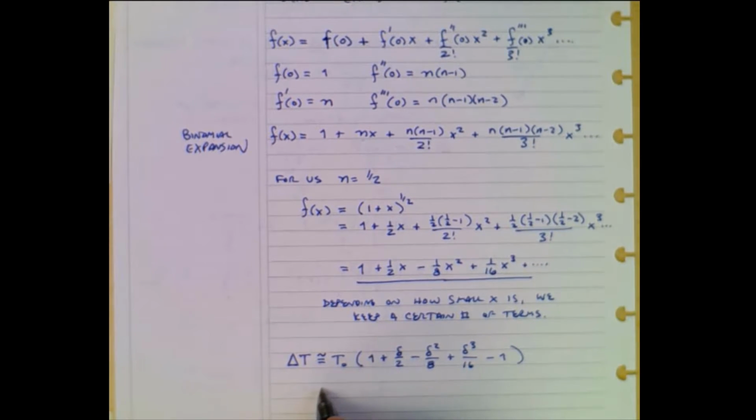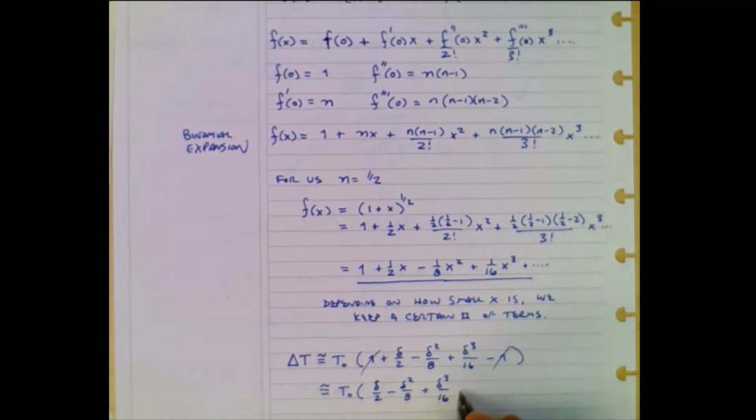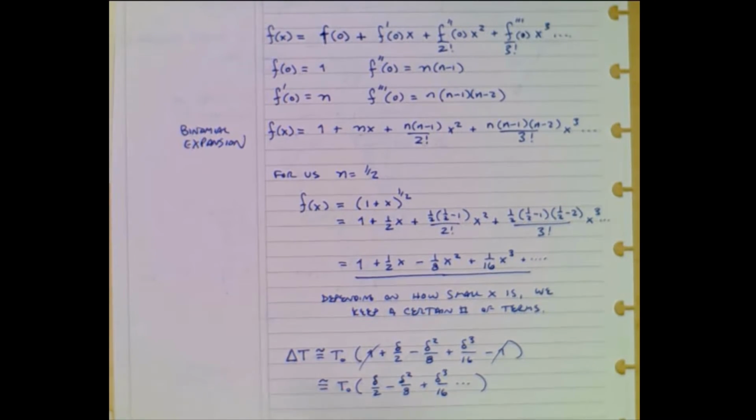And therefore, it is equal to t0. The ones cancel, which often happens in this kind of expansion. T0 times delta over 2 minus delta squared over 8 plus delta cubed over 16, and so forth. You can see those terms are getting smaller and smaller and smaller.